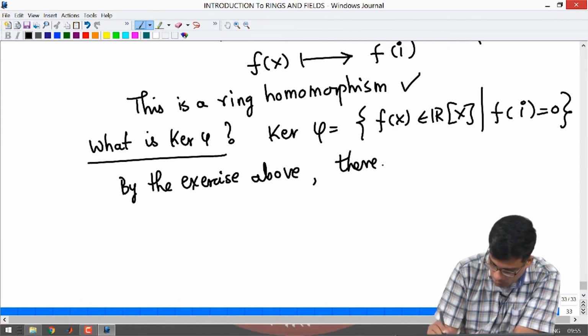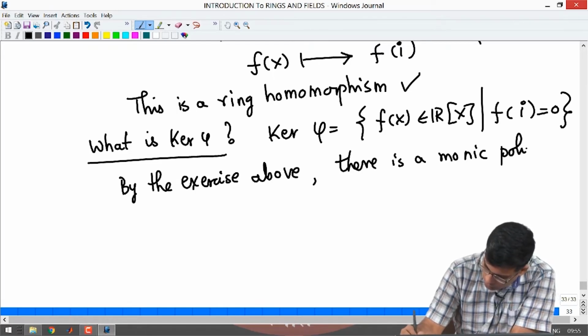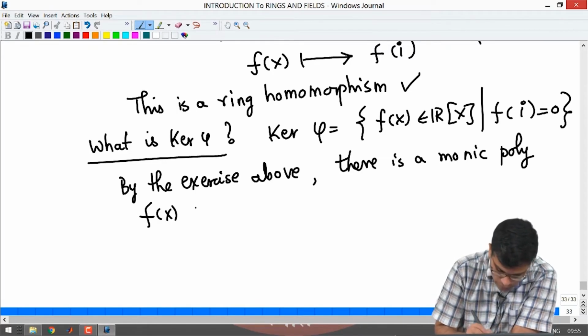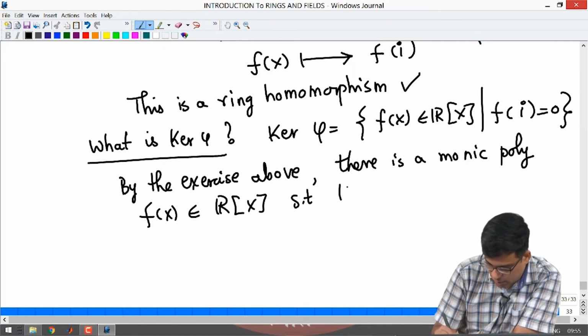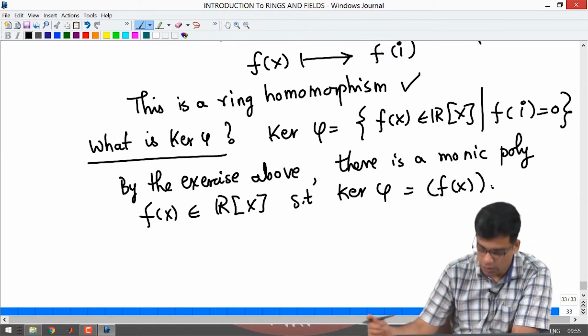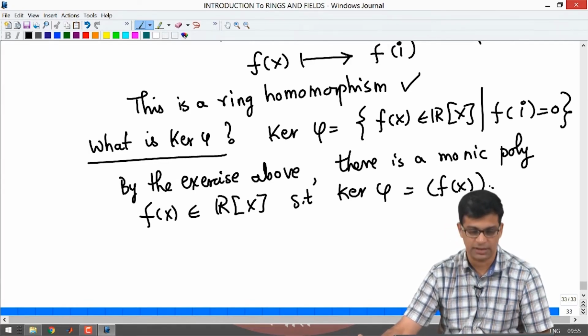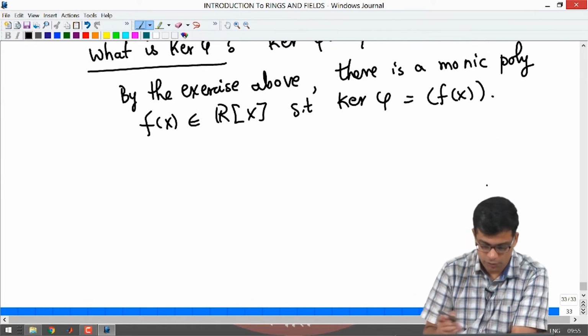there is a monic polynomial f(x) in R[x] such that the kernel of phi is the ideal generated by f(x). So, in order to determine the kernel of phi, I just need to find out f(x). Let us search for f(x).